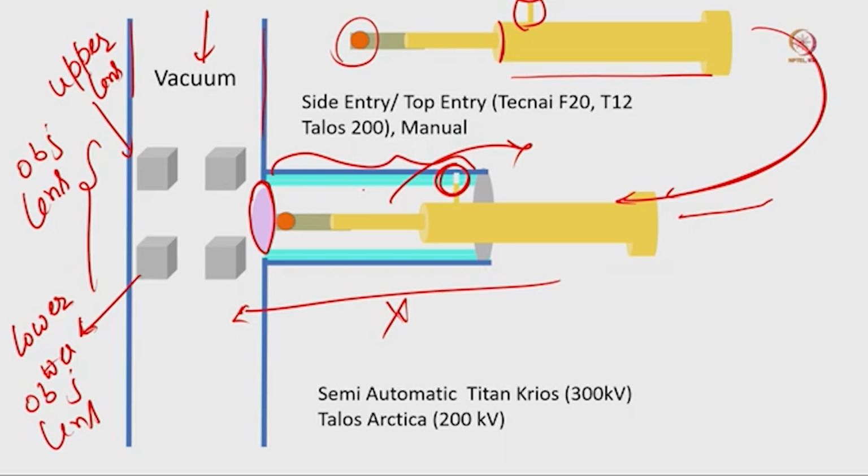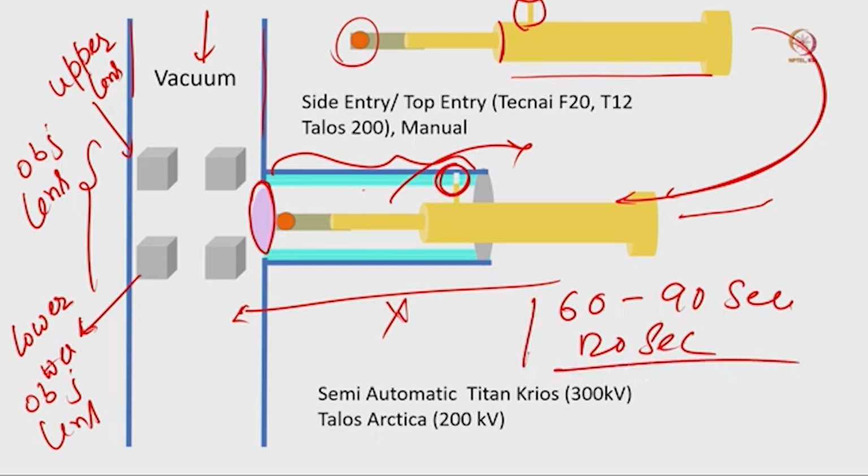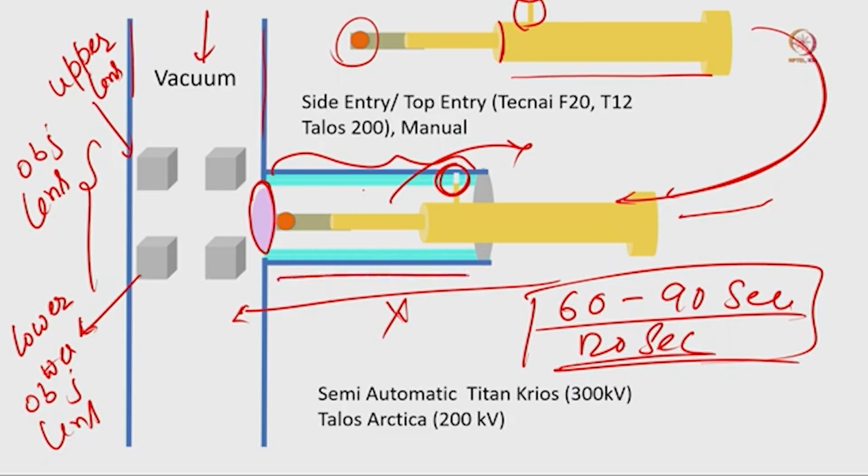So, in this particular stage, we have to wait almost 60 to 90 seconds, or sometimes 120 seconds is also required. Based on the facility, we have to follow that protocol. So, here you have to wait because the pump is switched on and will vacuum this entire goniometer area.